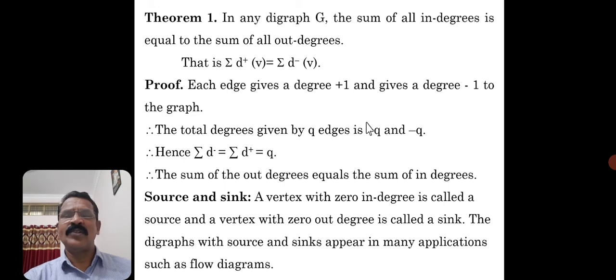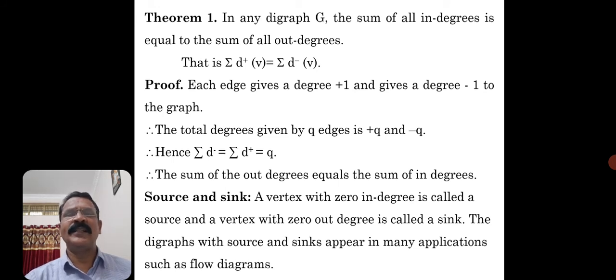So the first theorem is: in any digraph, you may say G or D, it doesn't matter, the sum of all in degrees is equal to the sum of all out degrees. As I said in the previous example, you have observed the table. There, if you add all the out degrees and all the in degrees, we got out degree and in degree equal.